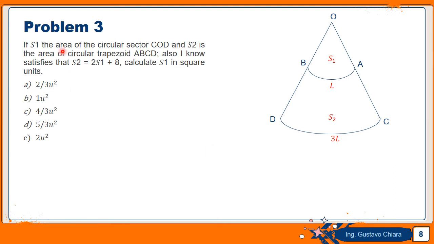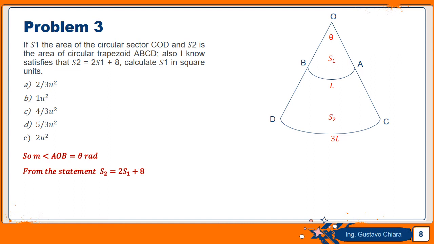Okay, problem number 3. If S1 is the area of the circular sector AOB, and S2 is the area of the circular trapezoid ABCD, also it is known that S2 is equal to twice S1 plus 8. Calculate S1 in square units. So the measure of the angle AOB is equal to theta radian.